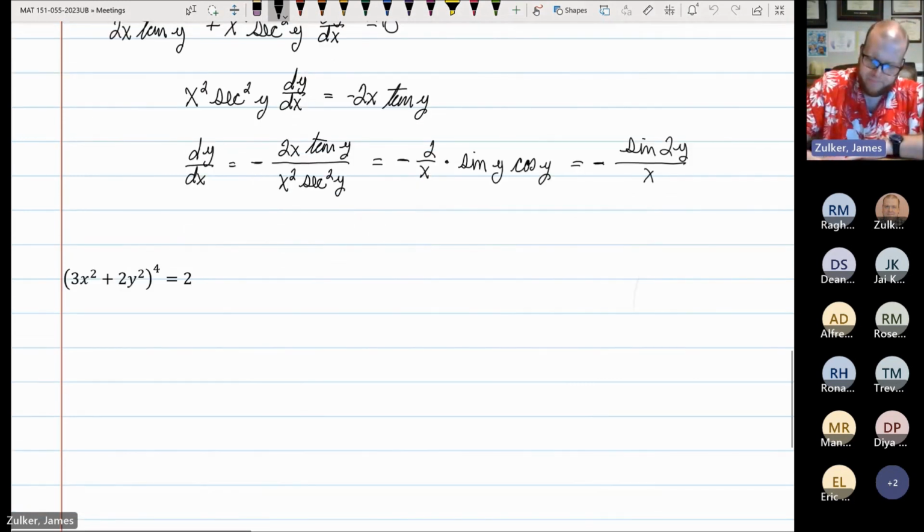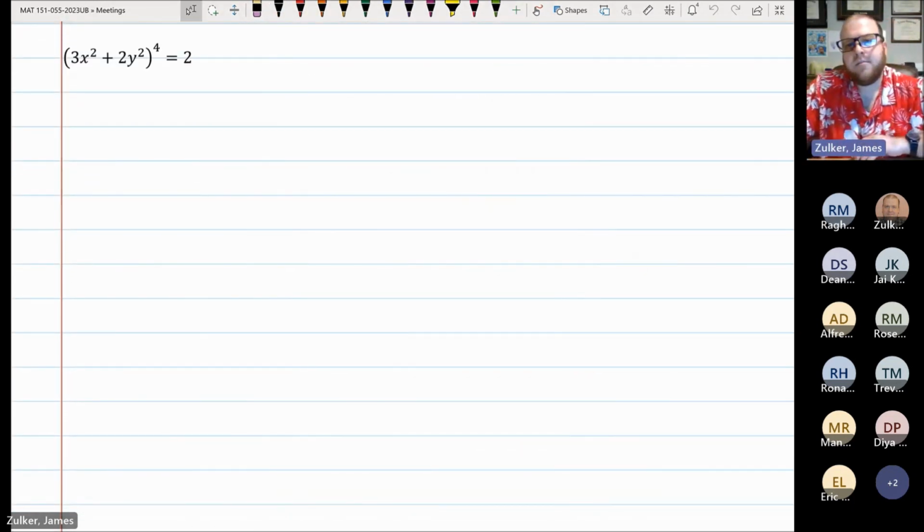Okay. Take d dx of both sides. If you look at the left-hand side, that would be a general power, right?